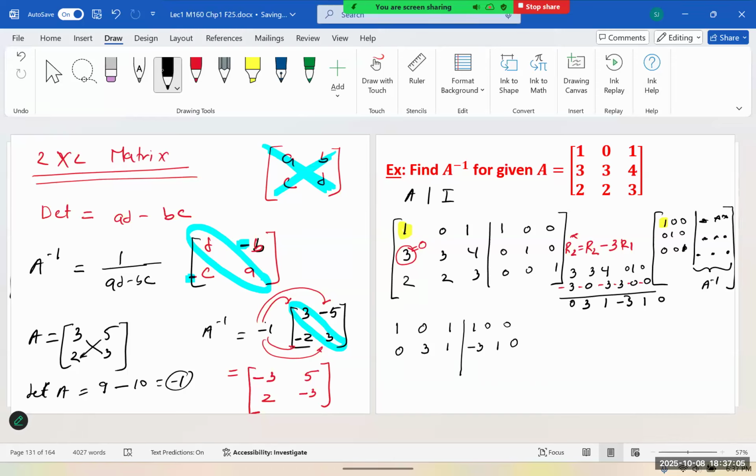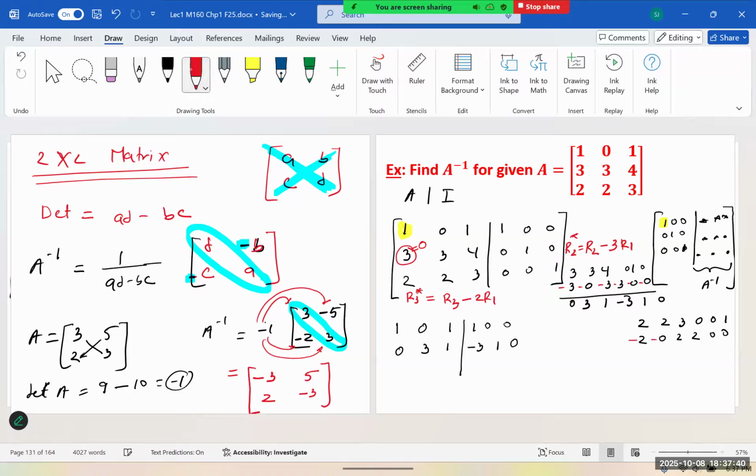And we can also change R3 at the same time. So a new R3 is old R3, and you can apply the same rule, twice R1. So the math, current R3 is 2 2 3 0 0 1. When you multiply R1 by 2, we get 2 0 2 2 0 0.